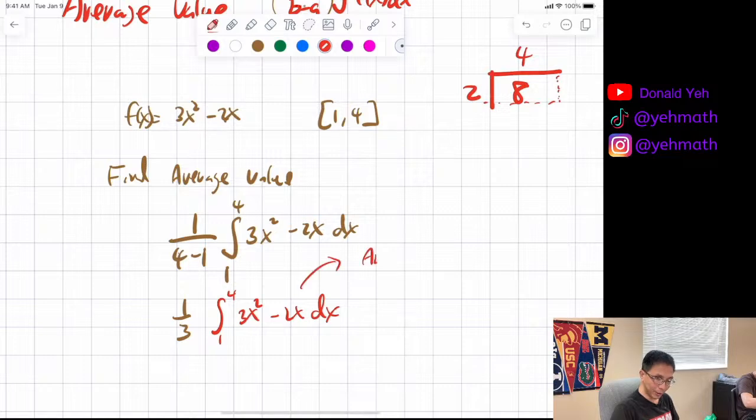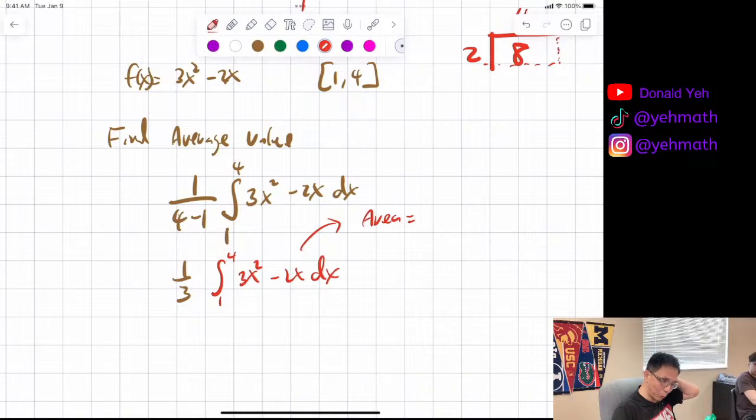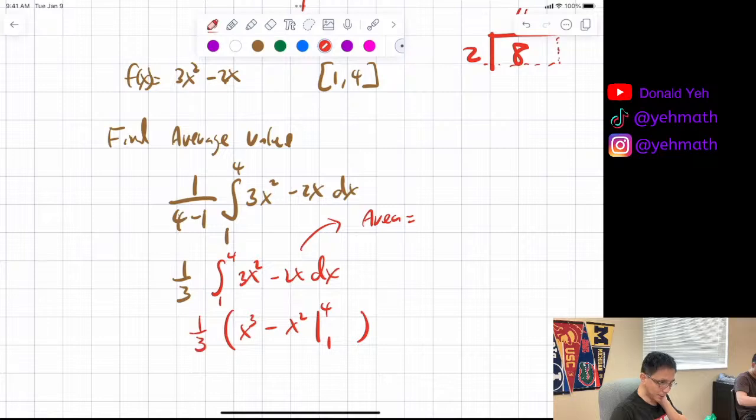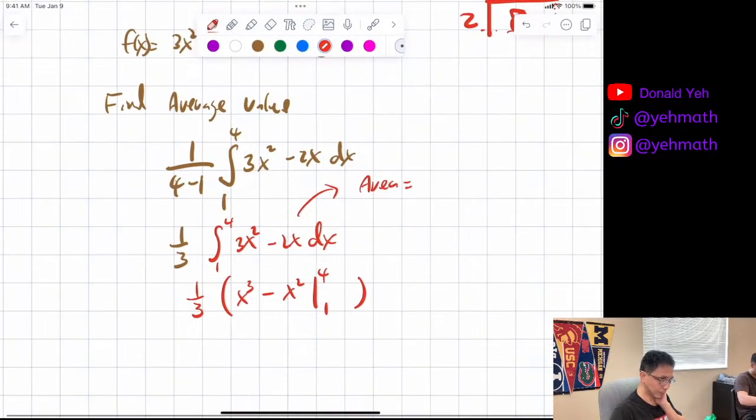Now this is the area under the curve. We can find out what the area is. It'll be x cubed over 3, 3 and 3 cancel, so that's x cubed minus x squared between 1 and 4. Does that make sense? Now this 1/3 is still there.